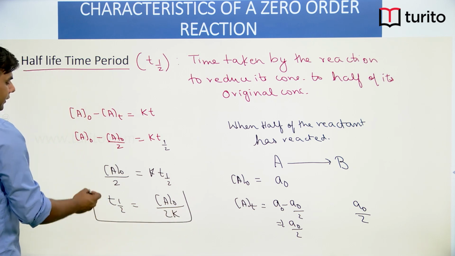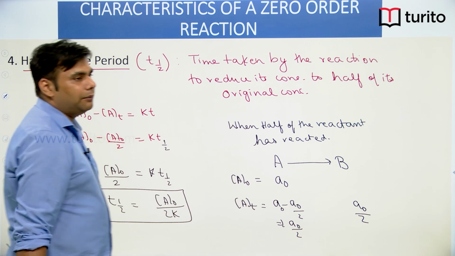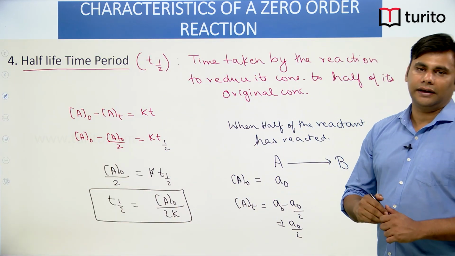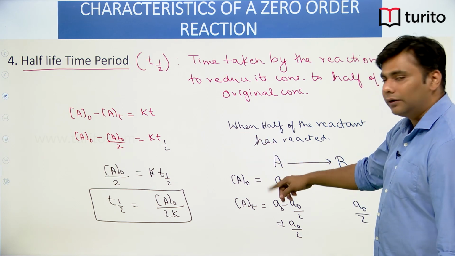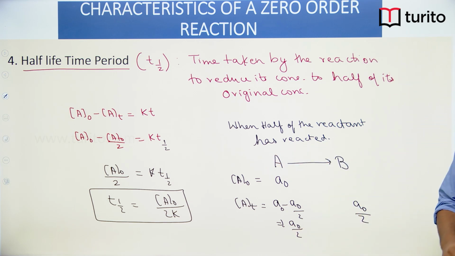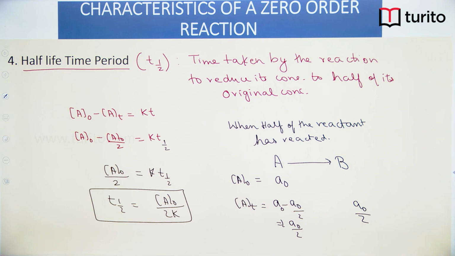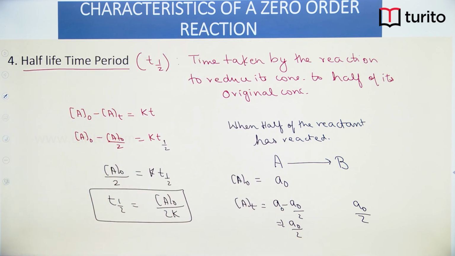This is again a very important expression. Half-life time period is the time when half of the reactant has reacted, so A naught by 2 has reacted and A naught by 2 is left over. I hope this expression is clear to everyone.